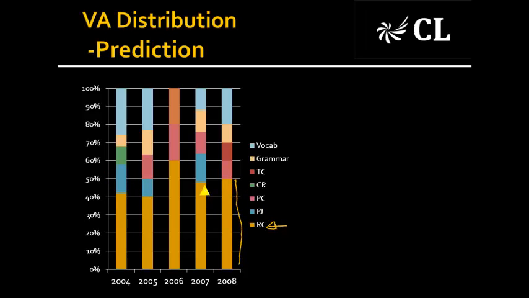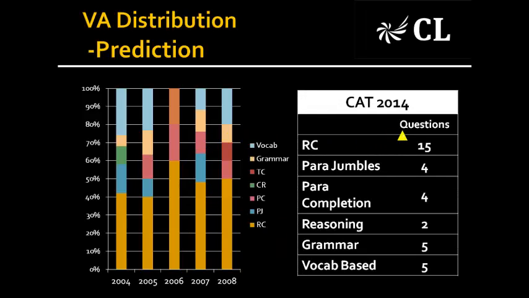You would see a significant percentage of questions, even in case there are more RC questions than the rest. So based on this will be the likely distribution. You can expect about 15, even maybe slightly more than 15 reading comprehension questions. Para jumble, para completion, reasoning, all that put together would be about 10.